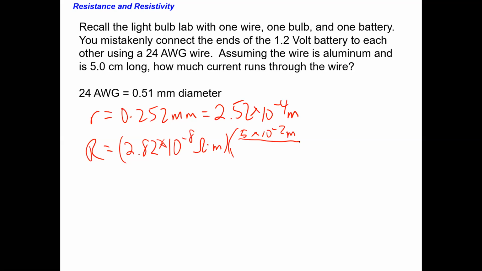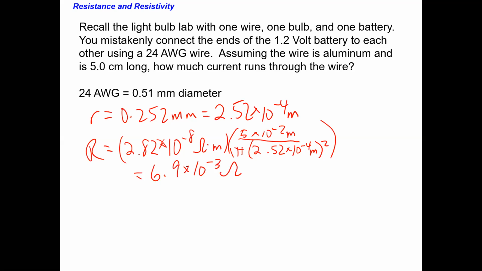That's 5 times 10 to the negative 2 meters. And then on the bottom, we've got area. This is pi times the radius of my wire, and then we're squaring that. When we do that, we get a very low resistance. The resistance is 6.9 times 10 to the negative 3 ohms.